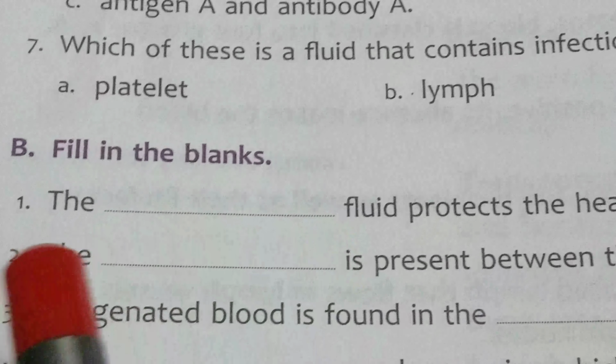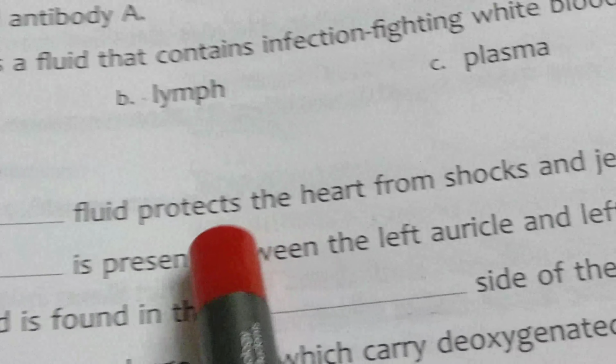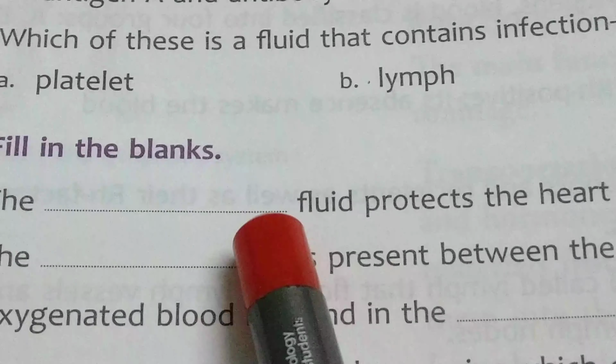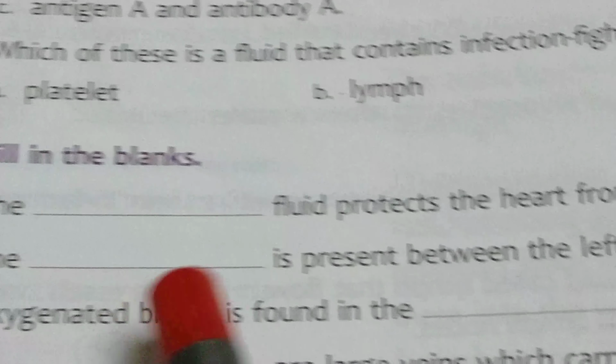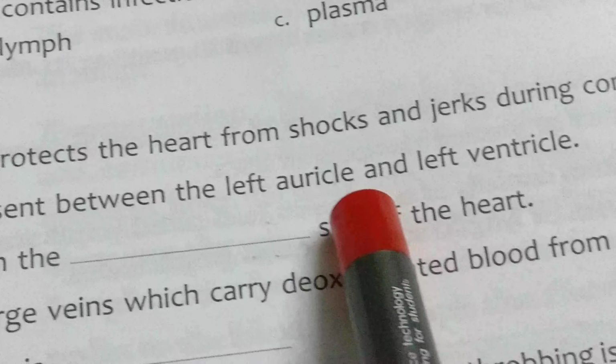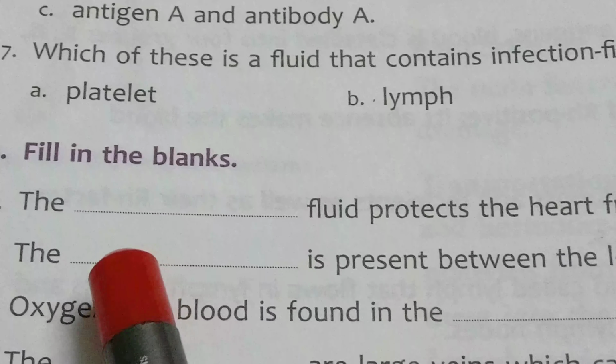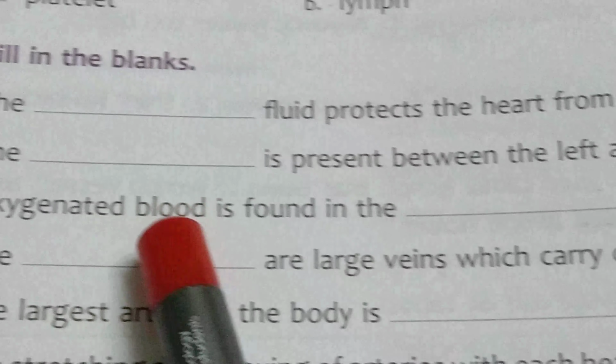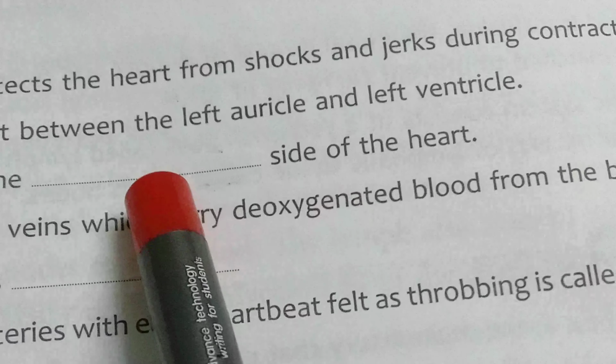Fill in the blanks. The dash fluid protects the heart from the shocks and jerks during the contraction. Pericardial fluid. The dash is present between the left auricle and left ventricle. Answer will be bicuspid valves. Oxygenated blood is found in the left side of the heart.